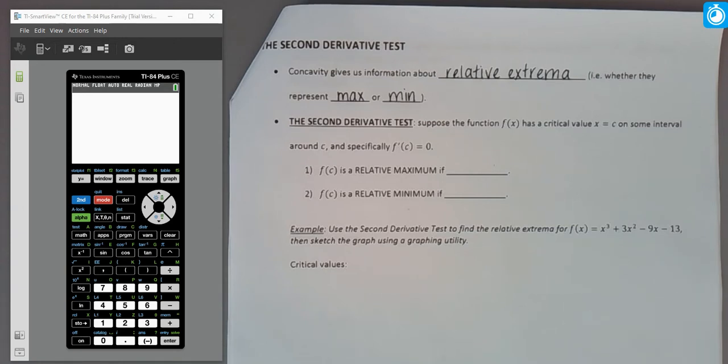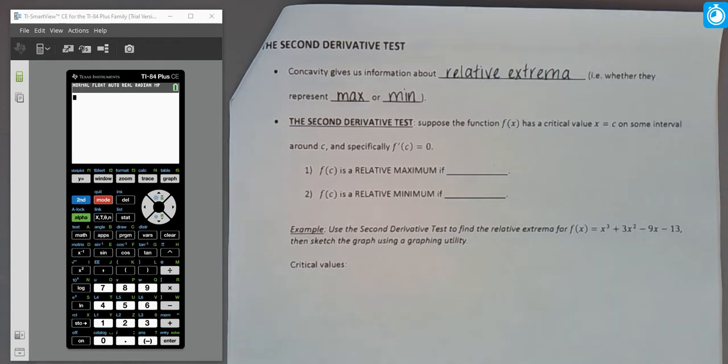Now we're going to start out the way we started the first derivative test. So the idea of a critical value, we're still going to apply that concept. Our relative extreme values still occur at critical values, and the term critical value still means the same thing. Remember, critical value means it's a location where our function's derivative is either equal to 0 or undefined.